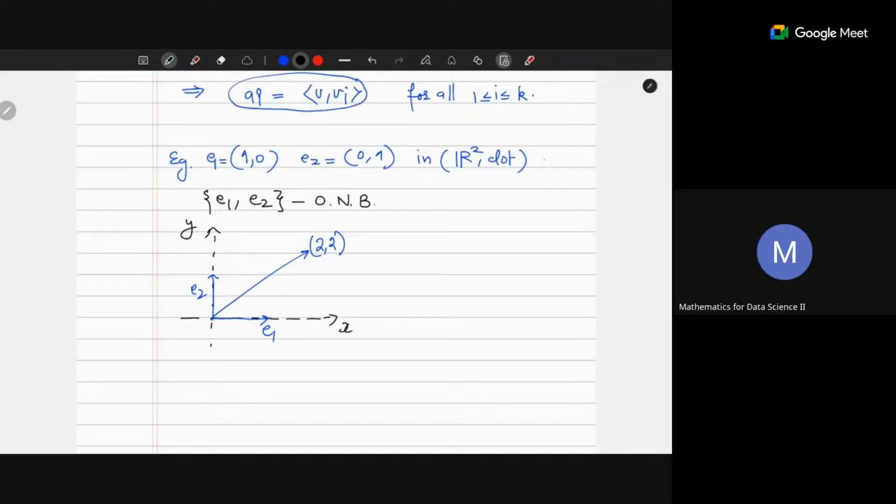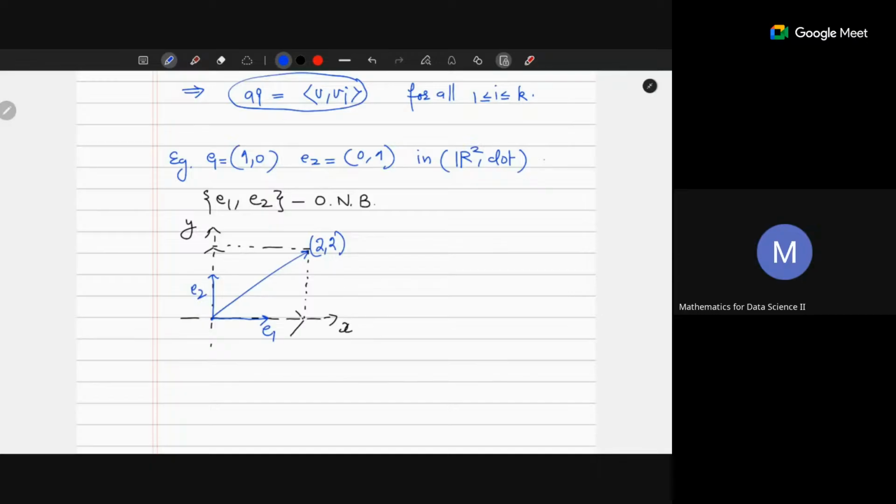If you project it down onto the x-axis, you get the scalar in terms of E1. If you project it on the y-axis, you get the scalar with respect to E2. In other words, you need to scale E1 twice in order to obtain the length that it projects on the x-axis.